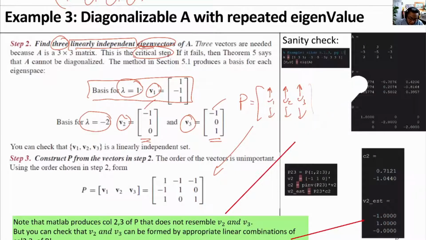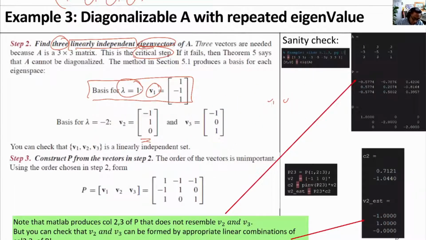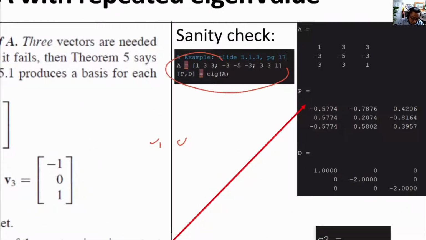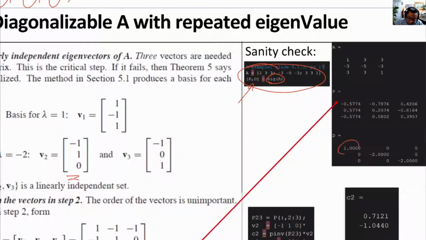The important thing now is that once we have formed P, we can continue, but let's have a sanity check first. We set A, and we use eig, the MATLAB command, to find P and D. We check that our eigenvalues are correct, which is 1, minus 2, minus 2.